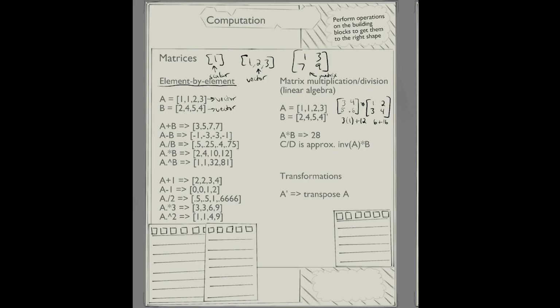And then 5 times 1 plus 6 times 3, 5 plus 18. 5 times 2, 10, plus 6 times 4, 24.